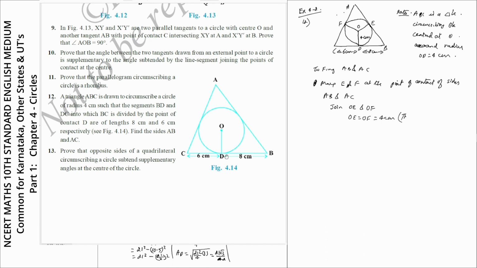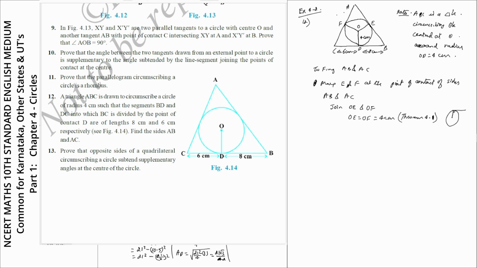According to theorem 4.1, if there is a tangent to a circle and at the point of contact you draw a perpendicular, that perpendicular will be the radius. Or in other words, if you draw a tangent at any point on a circle, then that tangent and radius will be perpendicular to one another. So therefore OE is equal to OF is equal to 4 centimeter.